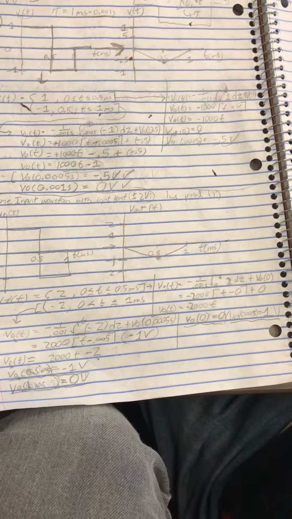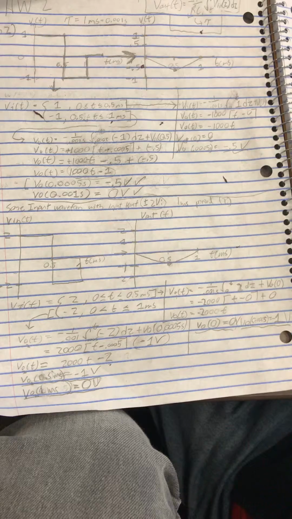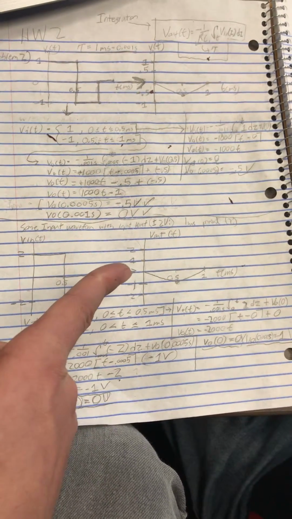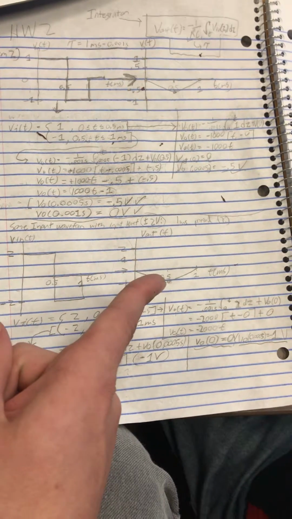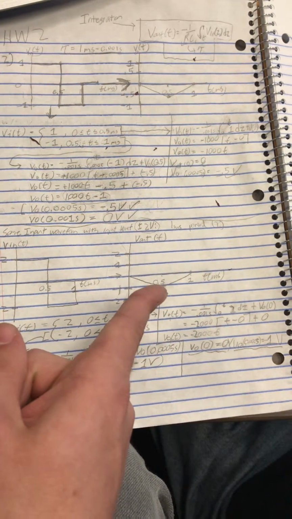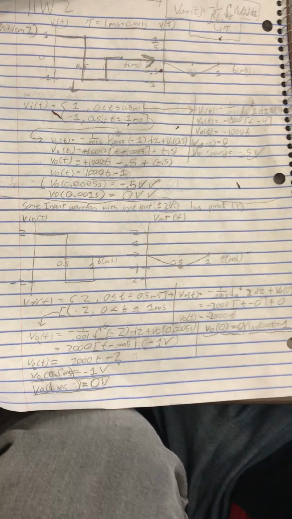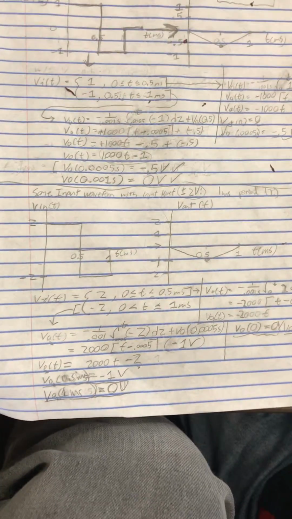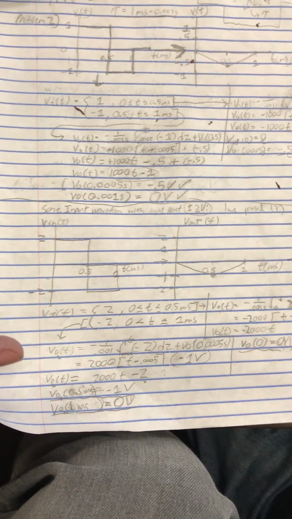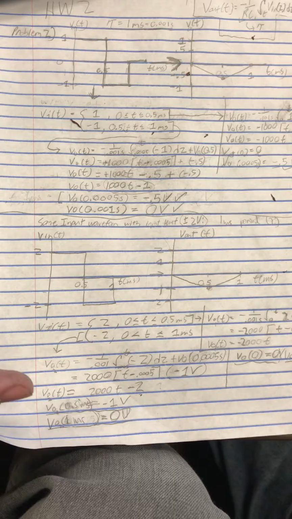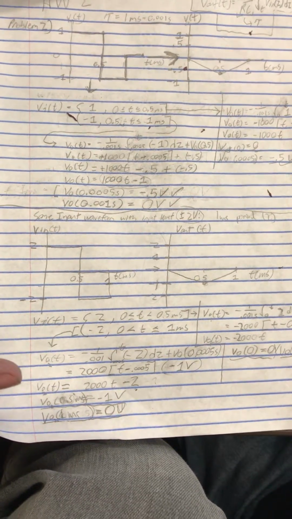Inputting our first interval value, V output of 0 equals 0 volts, which is right here, and then our second interval value of half a millisecond turns out to be -1 volt, represented here. Then we do the same exact thing for the second part of the piecewise defined function, and we get V output of t is equal to 2000 t minus 2.